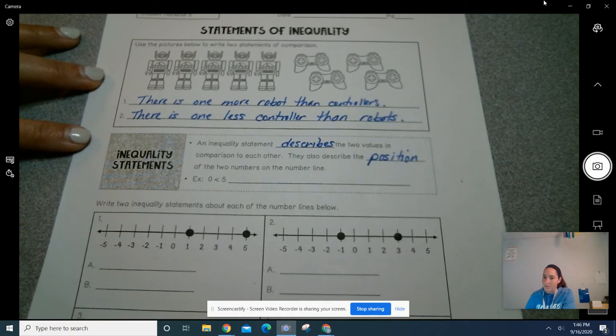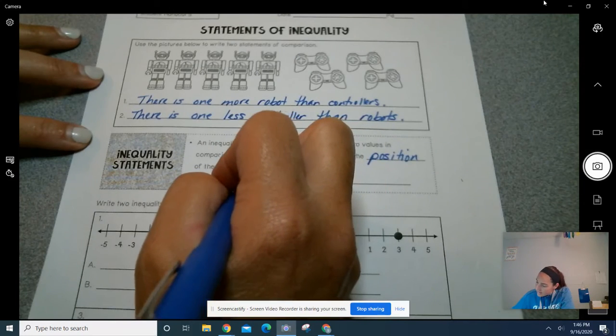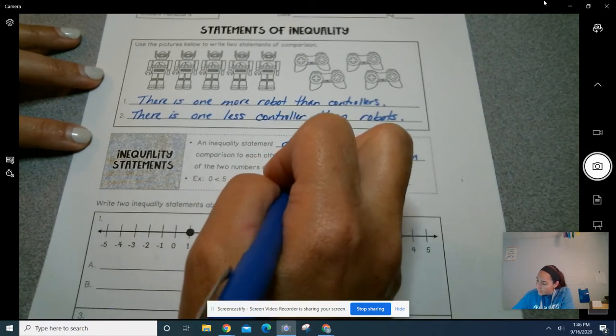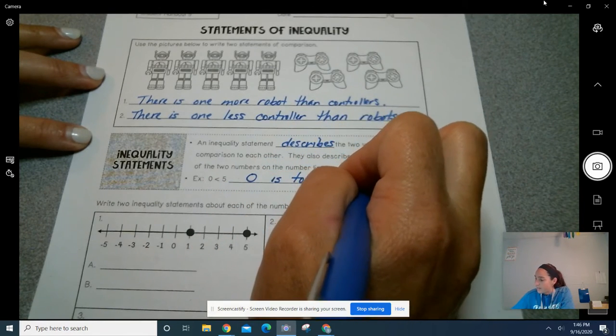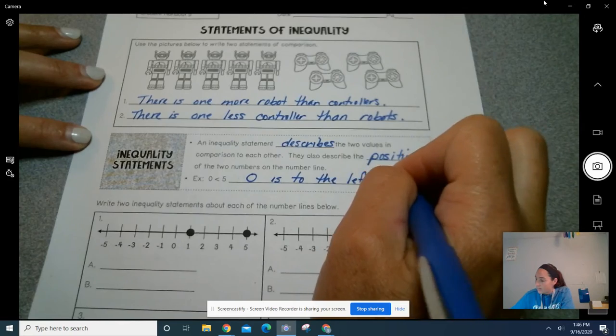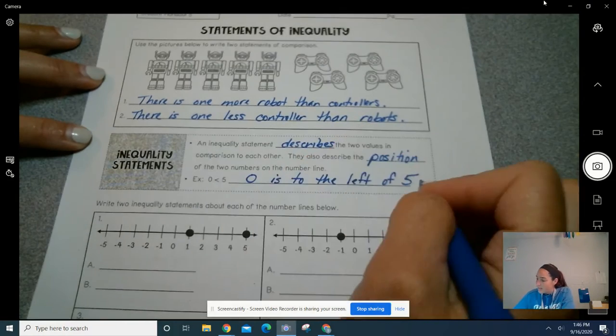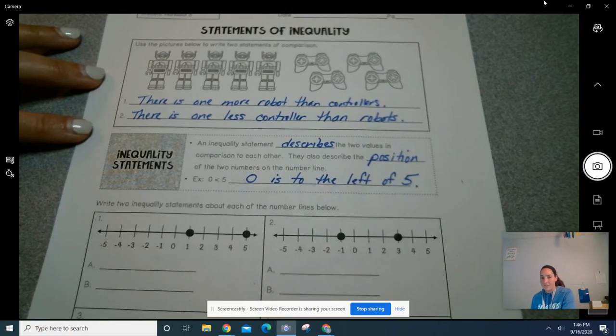For example, 0 is less than 5. Really, another way to look at that is 0 is to the left of 5. 0 is to the left of 5.